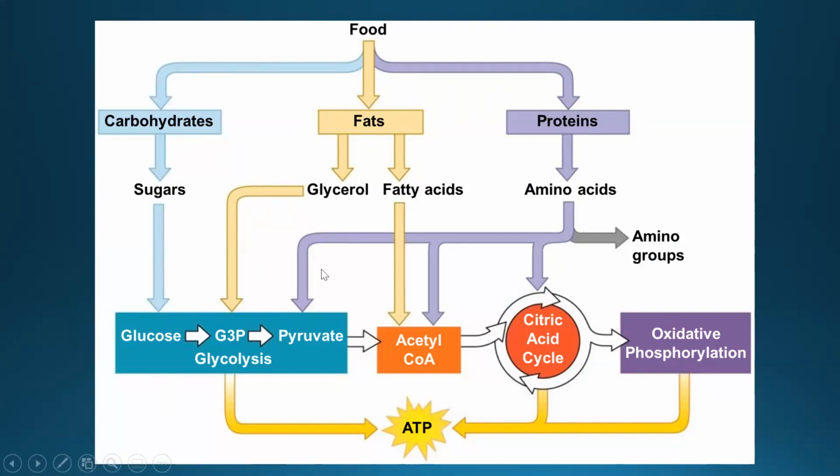It can be converted to sugar. And you can also take amino acids from proteins to produce the ATP. So all of the macromolecules that we talked about, 3 out of 4, even all 4 of them can be converted to ATP. The bottom line, you want to produce ATP.